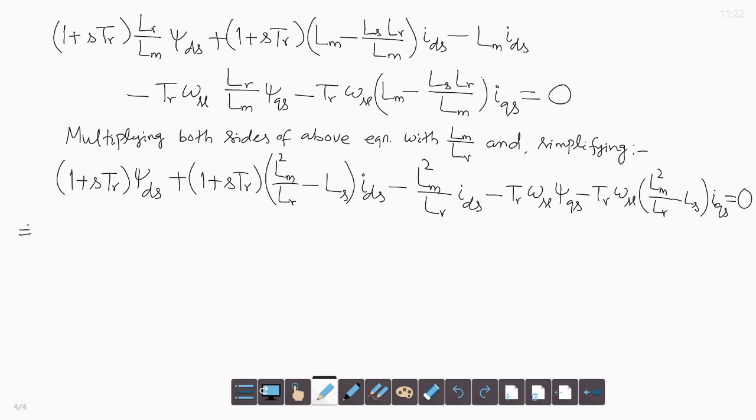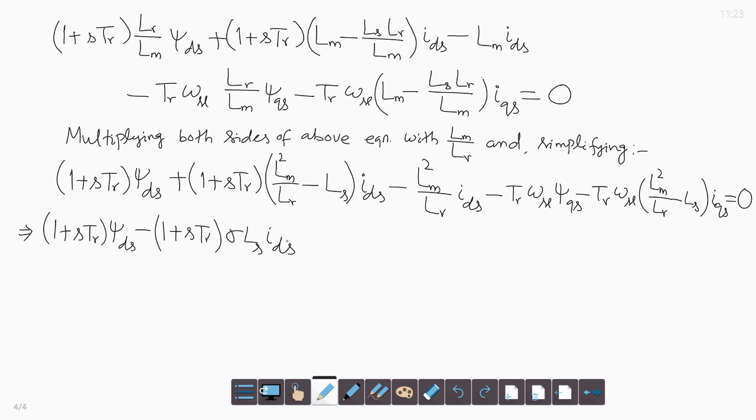So, this implies (1 plus sTr) into psi ds minus, using the leakage coefficient sigma, this term (1 plus sTr) is sigma Ls, minus sigma Ls into Ids.